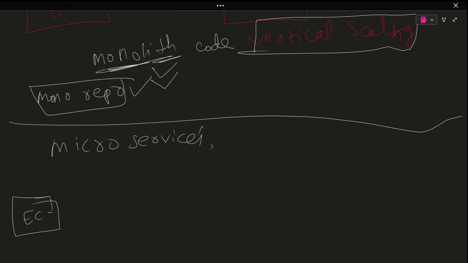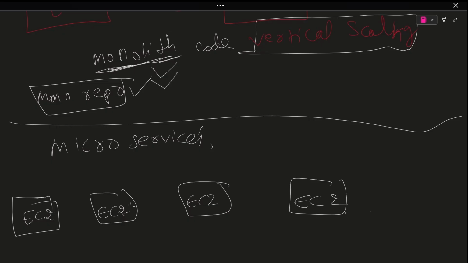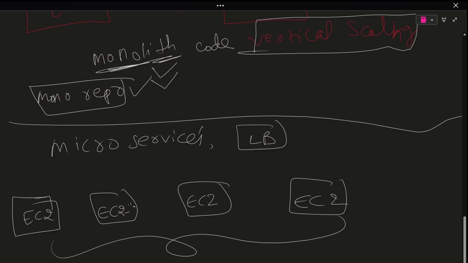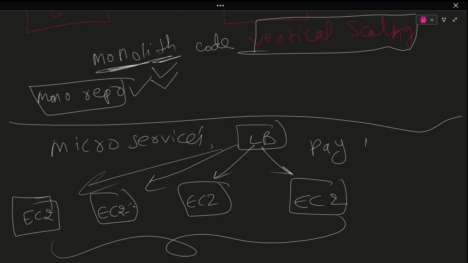Let's say this is my first EC2 instance, this is my second EC2 instance, this is my third EC2 instance, like that kind of stuff. And I can have a load balancer, and for all these servers I need to manage differently. Okay. For all these servers I need to pay huge amounts, but high availability.